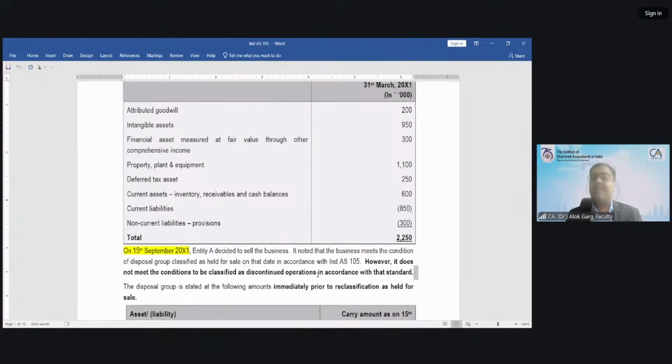And as far as the performance is concerned, the statement of profit and loss, the result of India operations, India business, has to be shown separately, right? Yes, disclosed separately as a discontinued operation. Is that clear? Yes, sir.